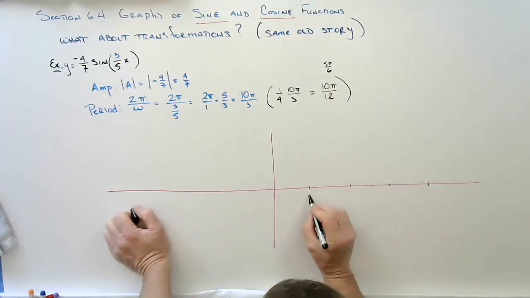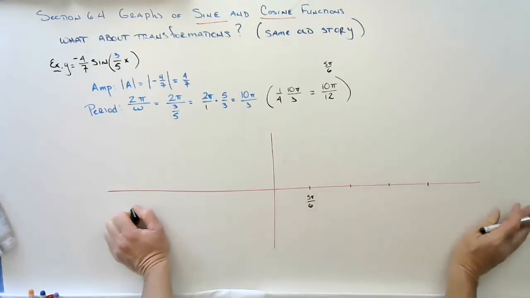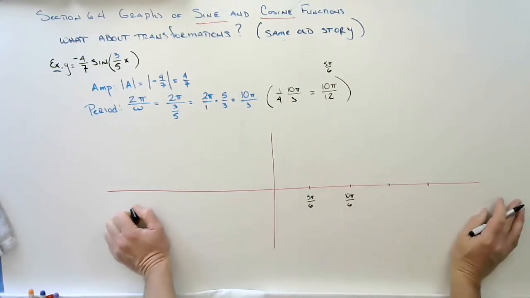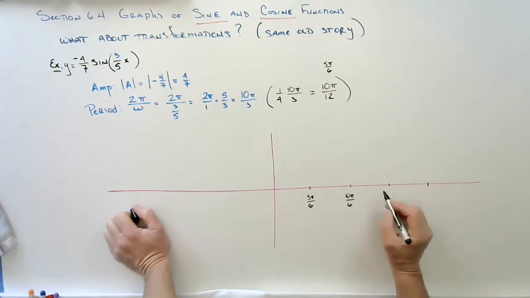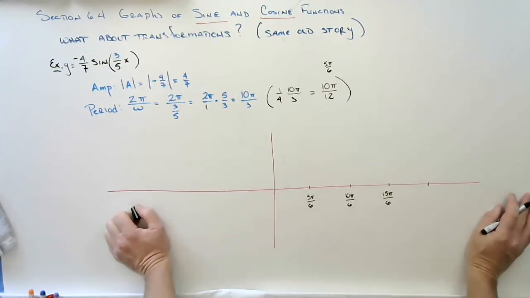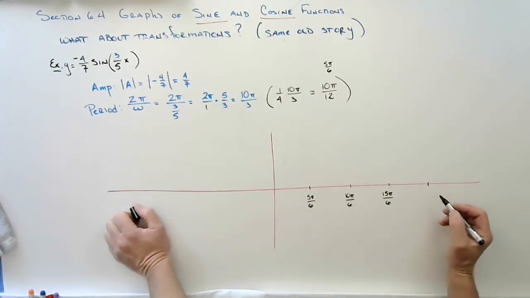The first one's 5 pi over 6. The next one's 2 of those, that's 10 pi over 6. The next one's 3 of those, 15 pi over 6. The next one's 4 of those, 20 pi over 6.